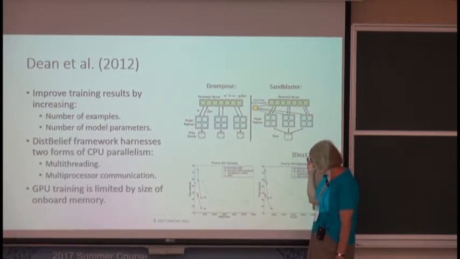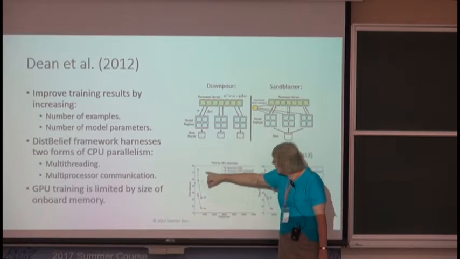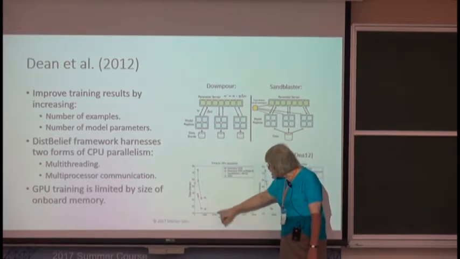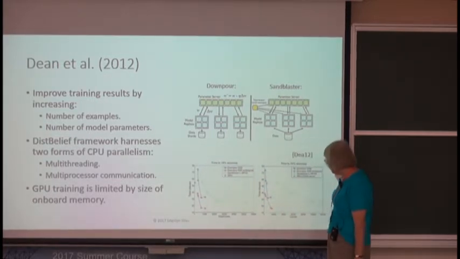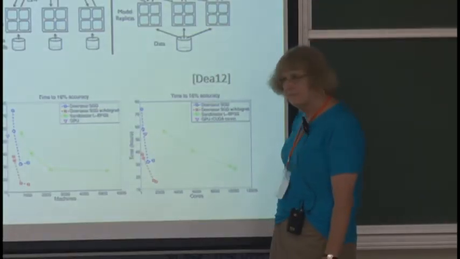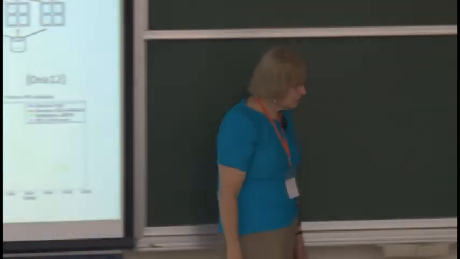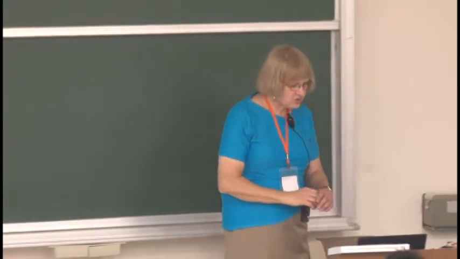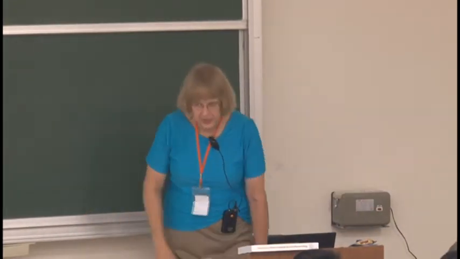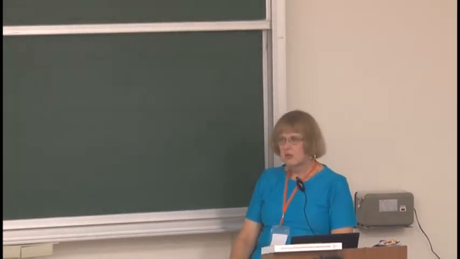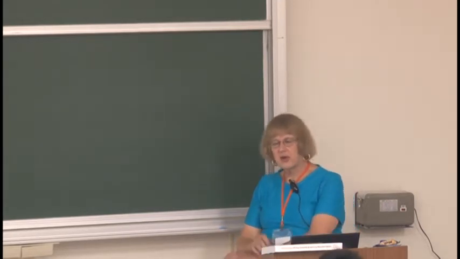And the down-core operation settled down to a reasonable result more quickly. Okay? So they are just throwing hardware at the training problem. Yeah, that's right. This is where the computing really goes, is the training.